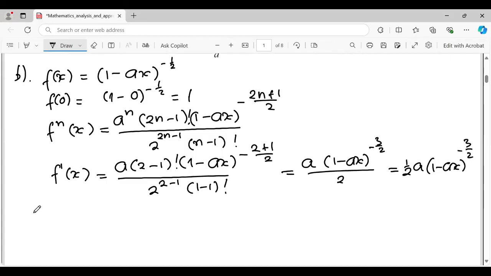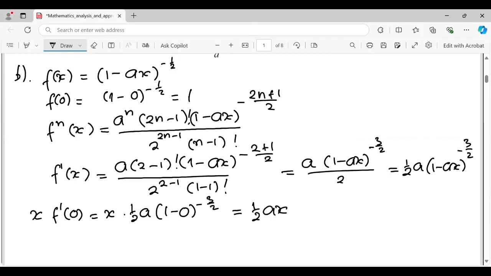According to the Maclaurin series, the next step is x times the first derivative at 0. So it becomes x times this expression, but x equals 0, half a times (1 minus 0) to the power minus 3 half, which equals half ax.